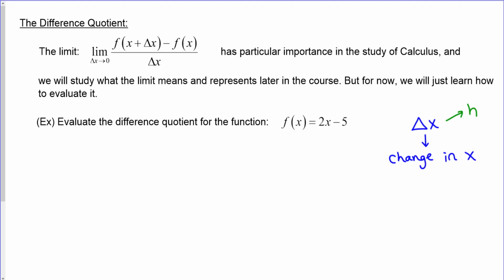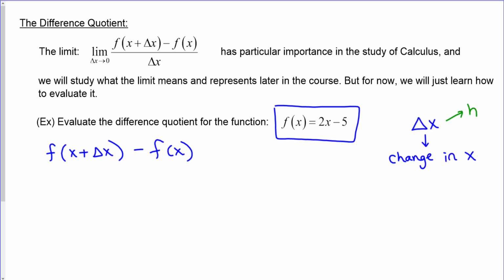So this limit, we need to figure out f of x plus delta x and take that minus f of x. So that's going to be our first situation. So f of x plus delta x. So our function f is like this. So the x itself is kind of like a magic box, if you want.